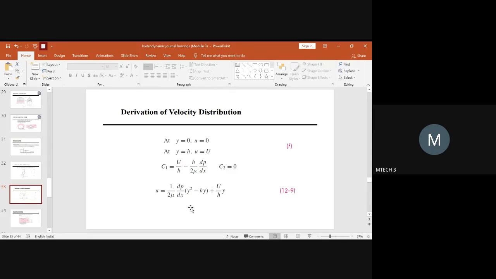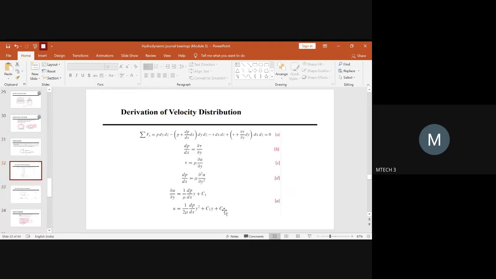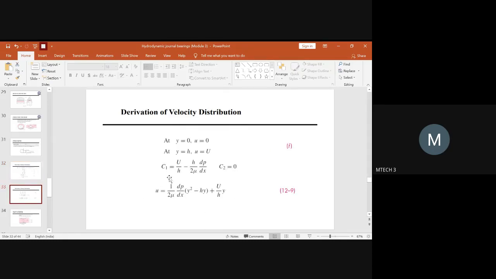Now this is how the equation gets changed, because you cannot retain the equation with respect to the constants. You should find the value of the constants. So usually after getting the equation, we derive the values for the constants, substitute those constant values, and simplify the equation again to get the required velocity distribution equation. So this is how you have to get the velocity distribution equation.